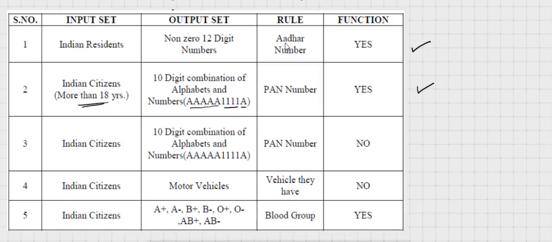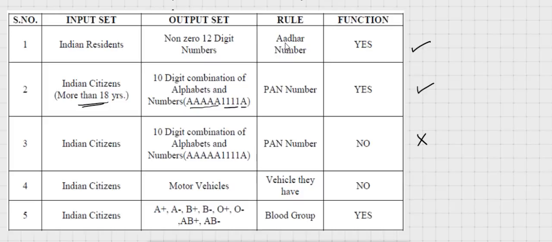Even a newborn baby or a 1 year or 2 year old will be there in the input set. Is there any condition for a 3-year-old kid to have a PAN number? No, right? So here the first condition itself failed. What is the first condition?